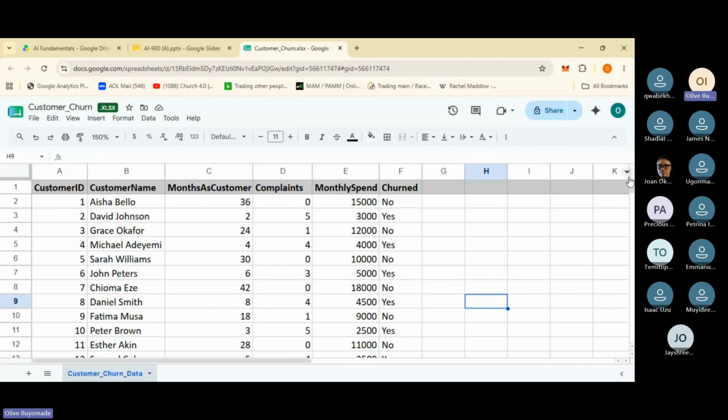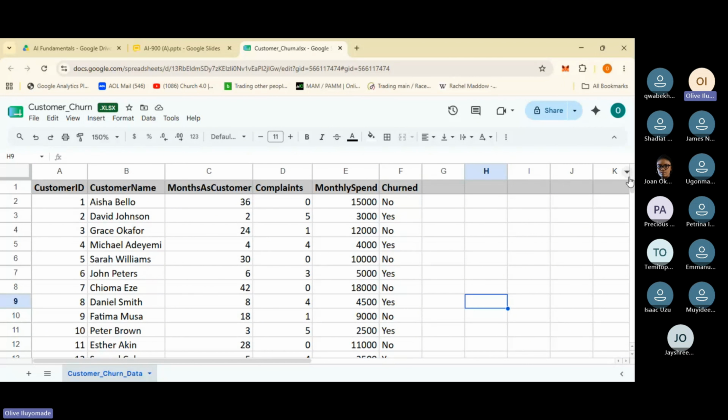How many years is 42 months? Well, almost 2 years. Almost 2, right? No, almost 4 years. Yes, sir. Do you understand? And no complaint whatsoever. So it's like this customer is not going anywhere. You understand?